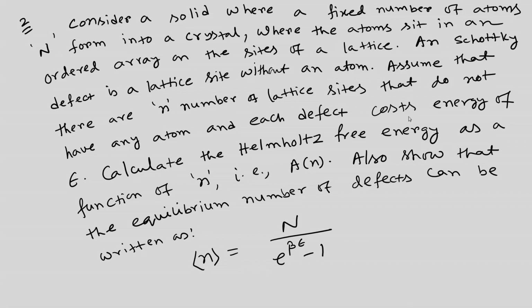Assume that there are small n number of lattice sites that do not have any atom, and each defect costs energy of epsilon. Calculate the Helmholtz free energy as a function of small n, that is A(n). Also show the equilibrium number of defects can be written as small n average equals N by e to the beta epsilon minus 1.